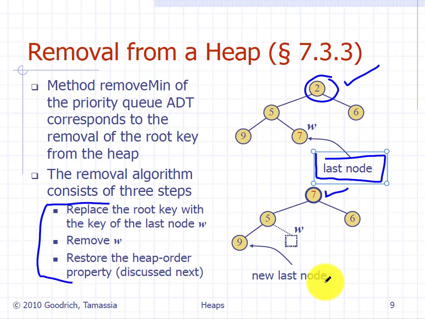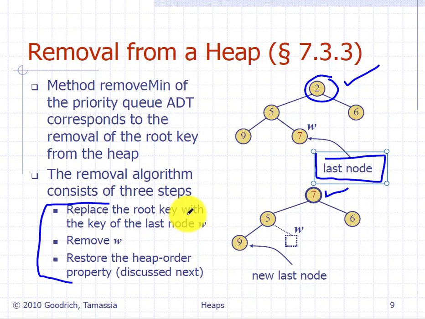So we have 7, which violates the heap order property because 7 is greater than its children. It should be less than. So what do we do? We need to find out if we can move 7 to the correct position. But where is the correct position? That's the question.